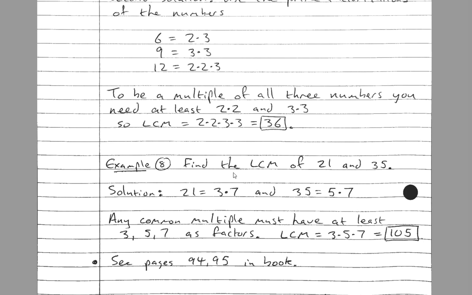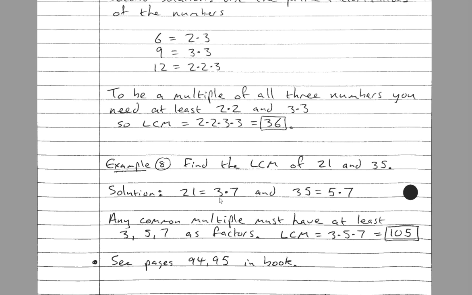Another example of that: find the least common multiple of 21 and 35. You could make lists, list all the multiples. But if you understand it, this is certainly easier. Just use the prime factorizations. 21 is 3 times 7. 35 is 5 times 7.